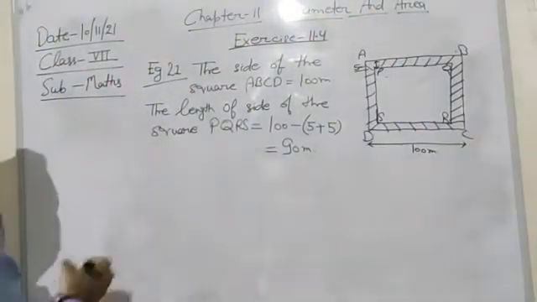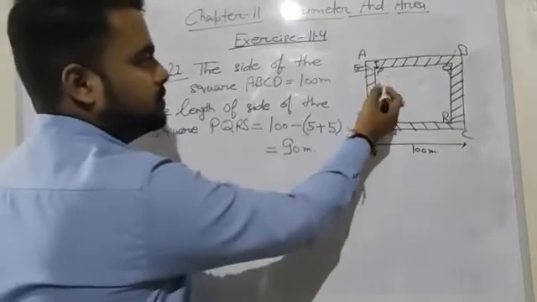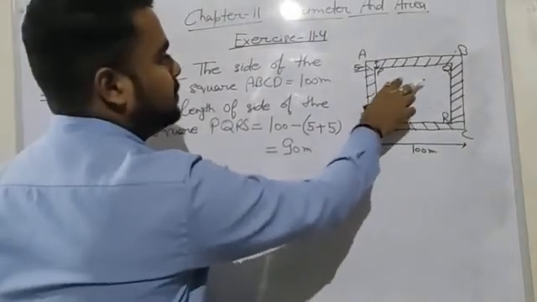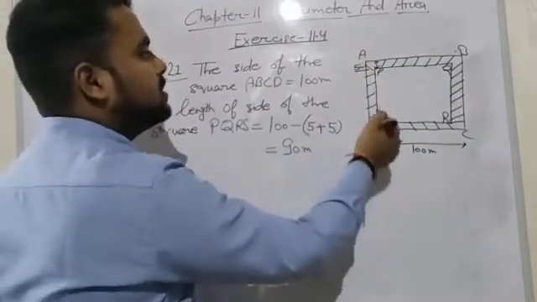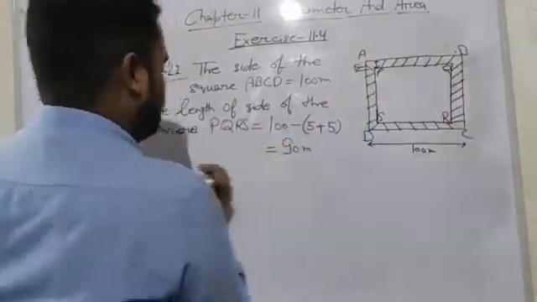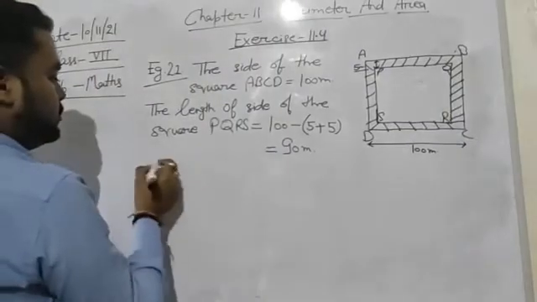Okay, so we have the length of the side of square PQRS and the length of the side of square ABCD. So now we can find the area of both the squares.